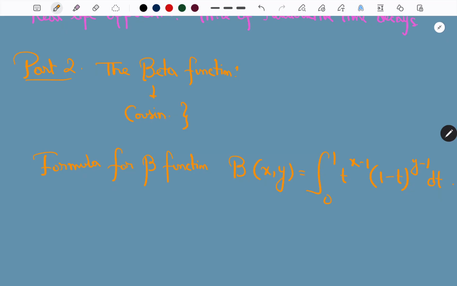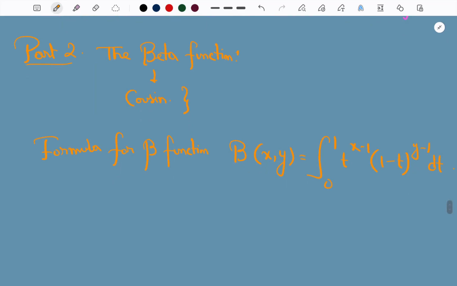See, x and y are the values of numbers, and t is the variable over which we do the integration. Just remember, if you are not able to remember the integral, that it is a way to blend two numbers together.